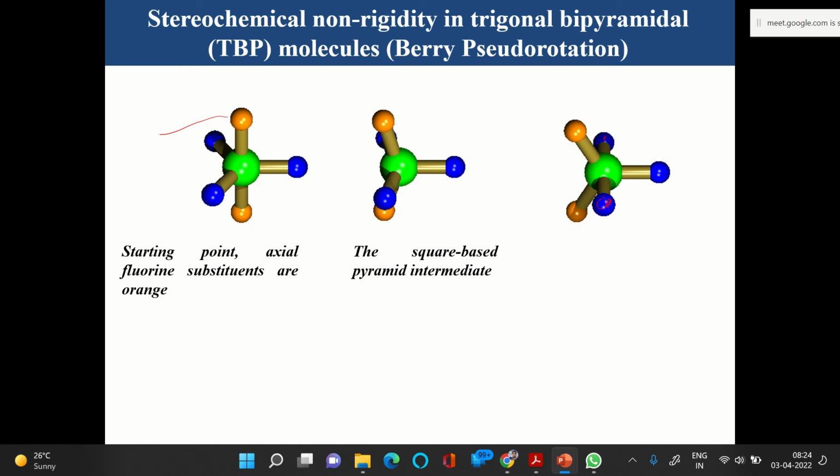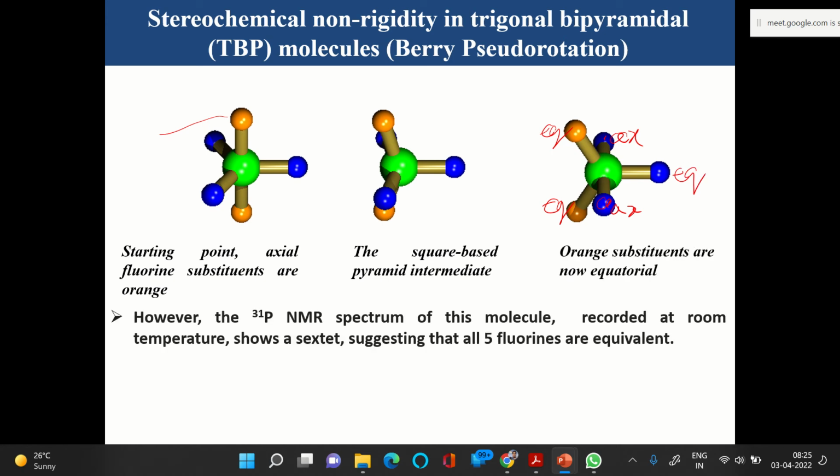Now these two are axial, and this one has become equatorial. So you can see this picture. This is the movement that happens. The orange ones are now equatorial. This rapid oscillation, this rotation, which is known as Berry pseudo-rotation, affects the signals.